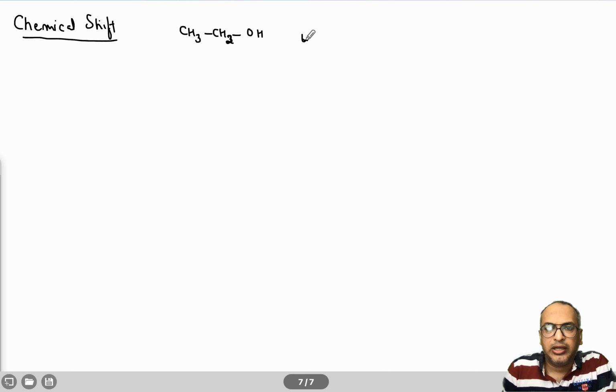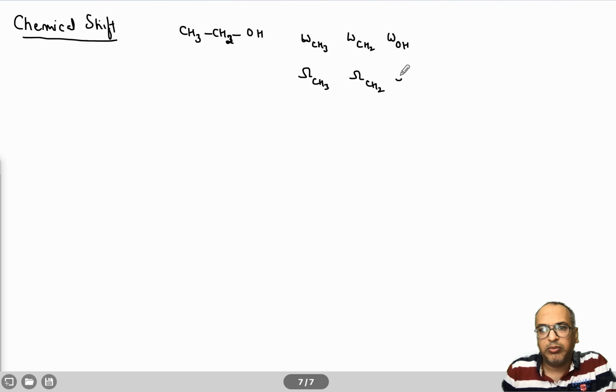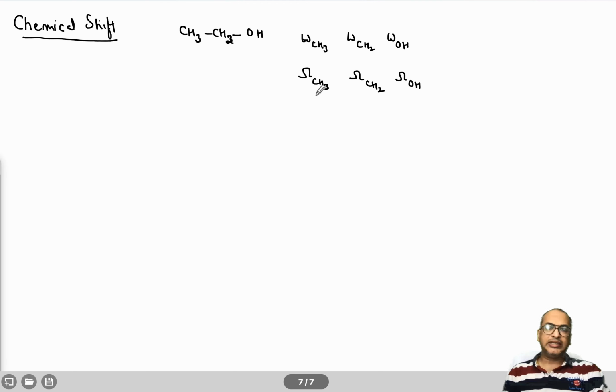That is, their omega CH3 is different from omega CH2, which is different from omega OH, right? And that results in a corresponding offset. So offset of CH3 is different from offset of CH2, which is different from offset of OH, right? This difference in offset appears because of differences in the local chemical environment.